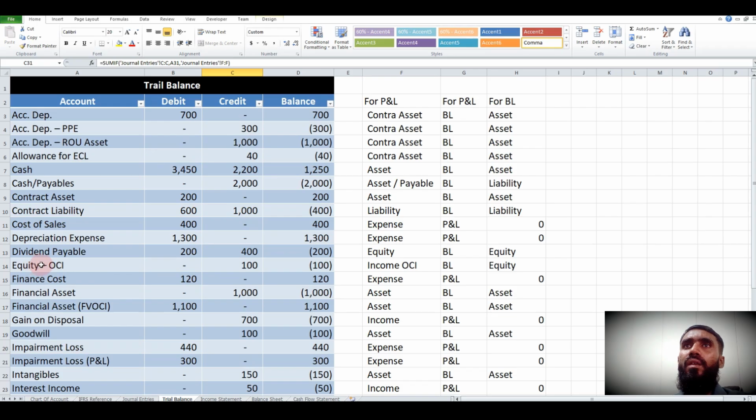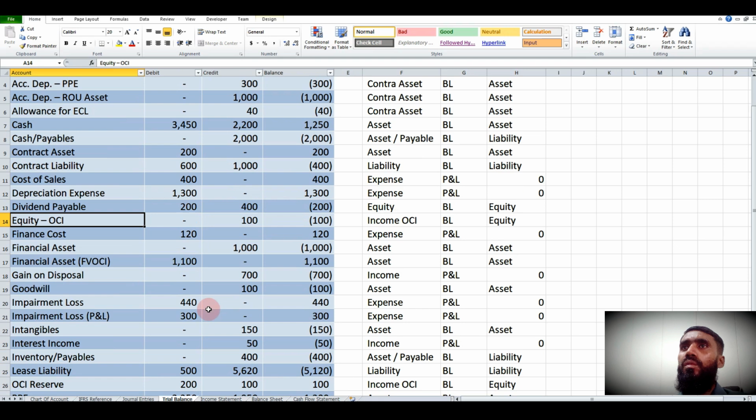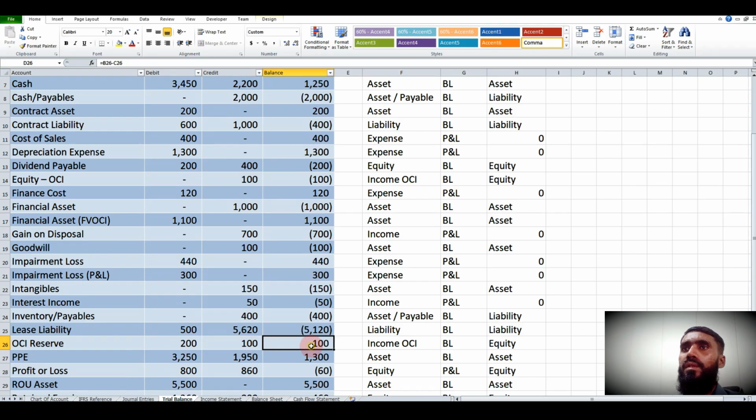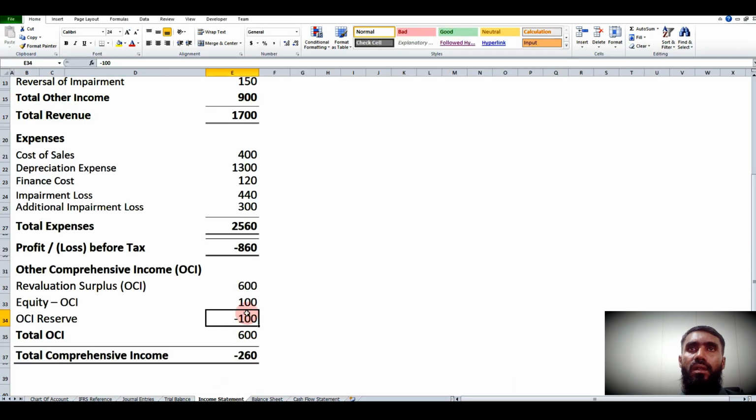Why is it negative? We want to move to the note here, reserves. This one I have a balance of 100. That's why I have credited the 100. Here I have the positive value, so I show you negative here for the actual result. Now the total comprehensive income is negative 260.